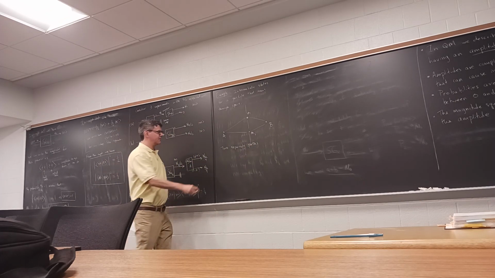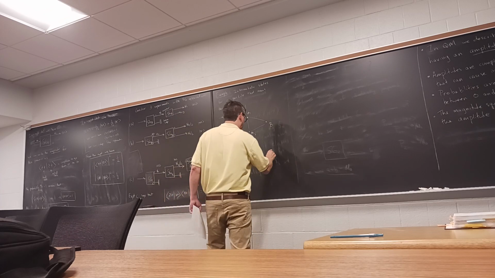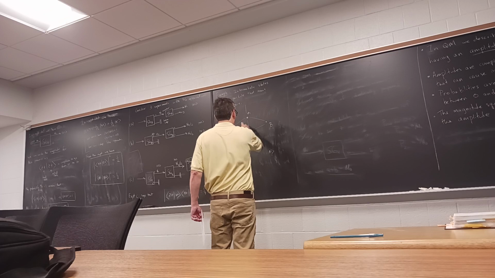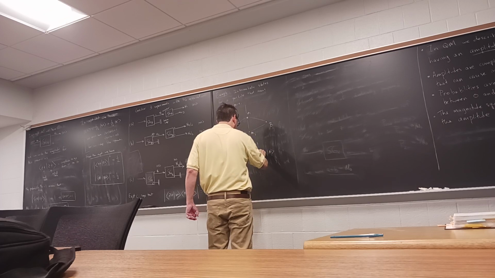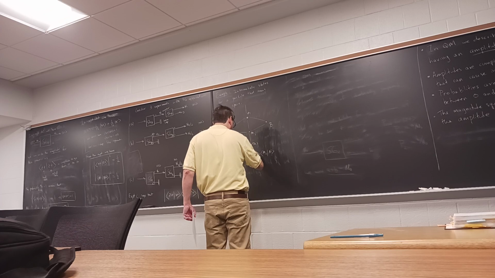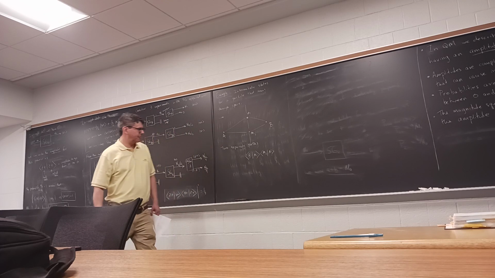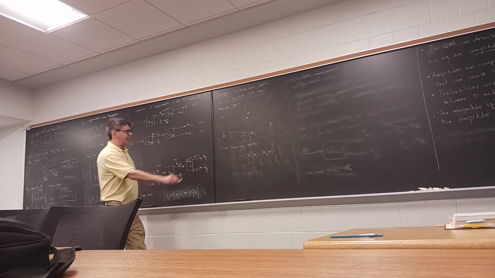If we're going from left to right here, I would write the amplitude for the process: I go from A to M1, and then I would go from M1 to B. That's the top path.